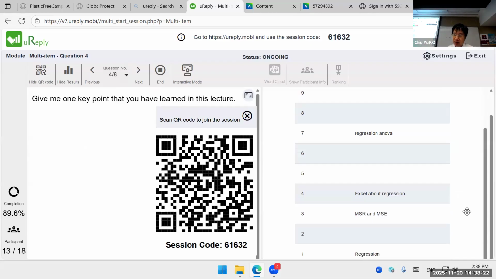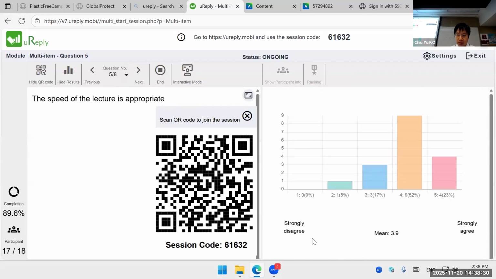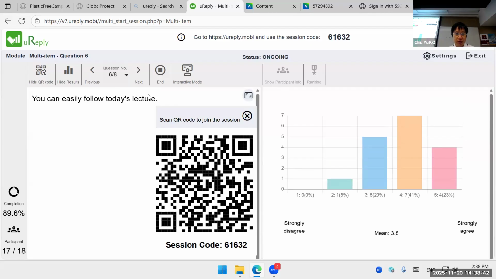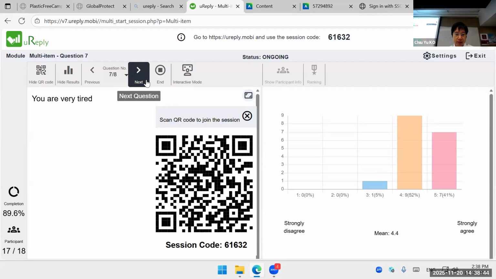Yes, regression, that's very important. Make sure that you know about regression. The speed is okay overall, not that bad. I think most of you can follow.